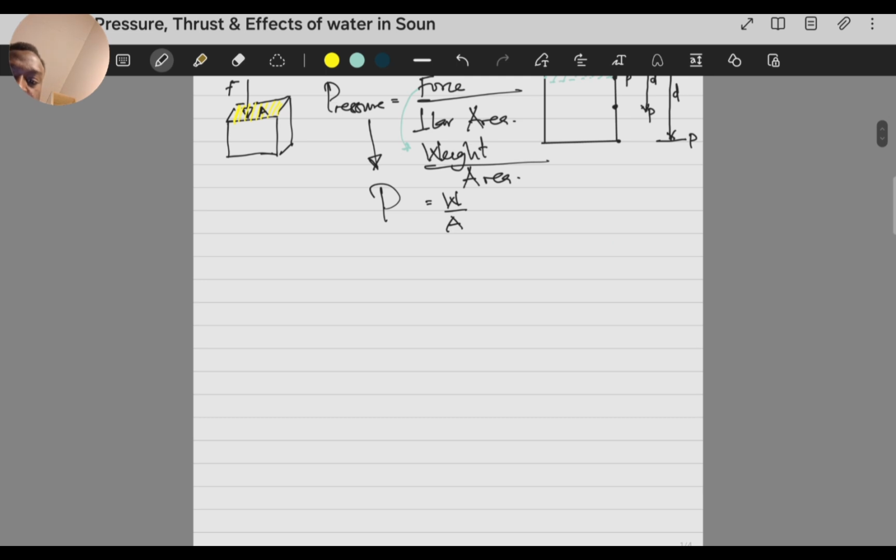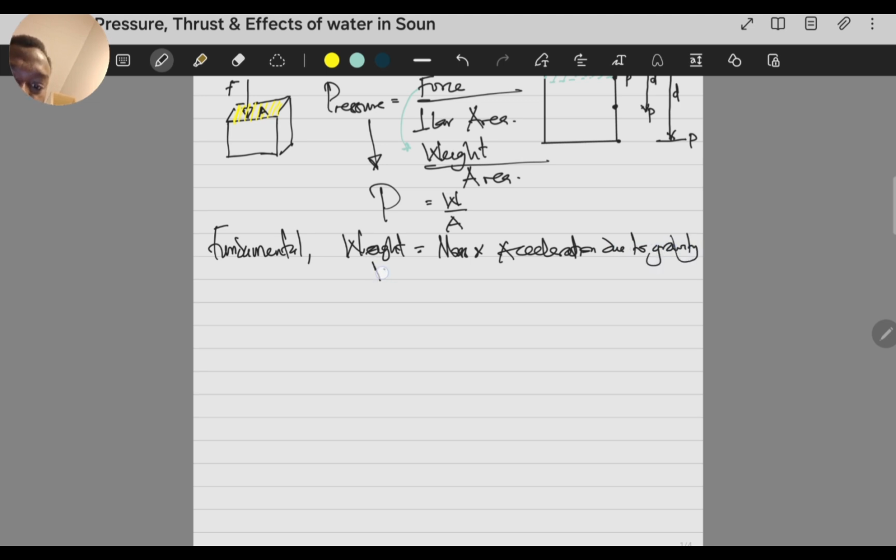Now, also from the basics, we know that weight is equal to mass times acceleration due to gravity, which means W is equal to mg. So let's call this equation 1 and let's call this equation 2.